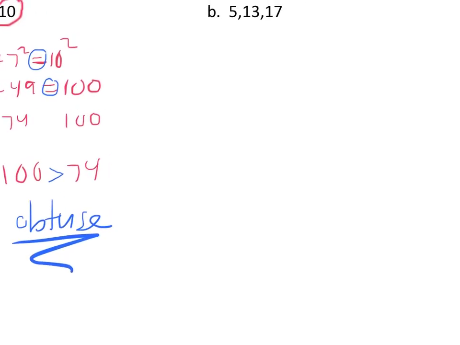All right, so the next one, again I'm going to change my order here to make it more consistent with our table that we had above. So I'm going to take my hypotenuse squared, and then I'm going to do 5 squared plus 13 squared.